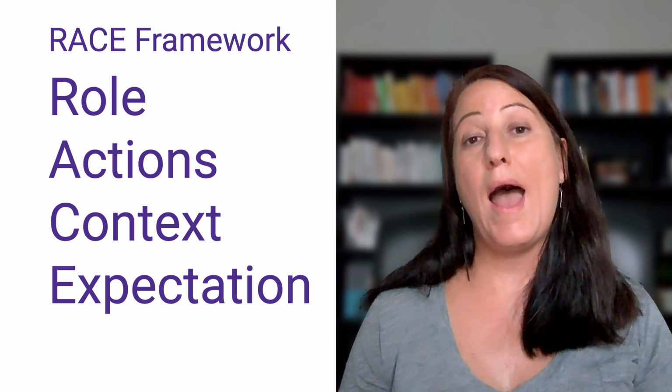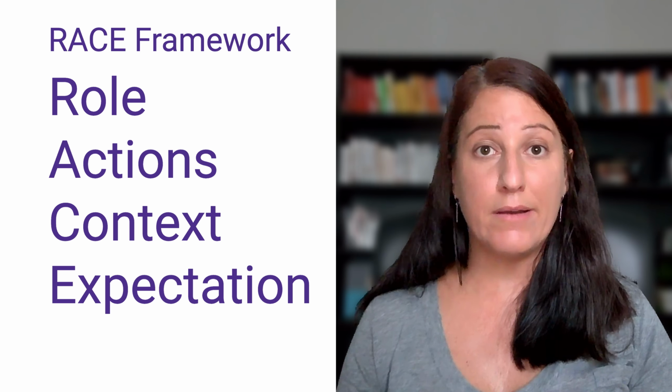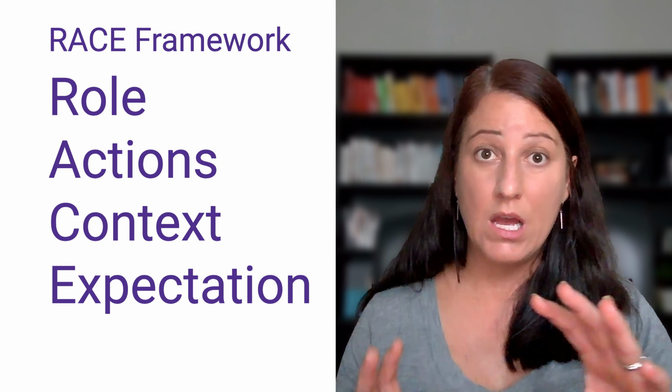Here are some final thoughts I want you to take away from today's little rant. I am now thinking of how I can help AI help me by providing more context, right? I'm using the RACE framework, role, actions, context, expectations, at least so that it has enough context to help me out.